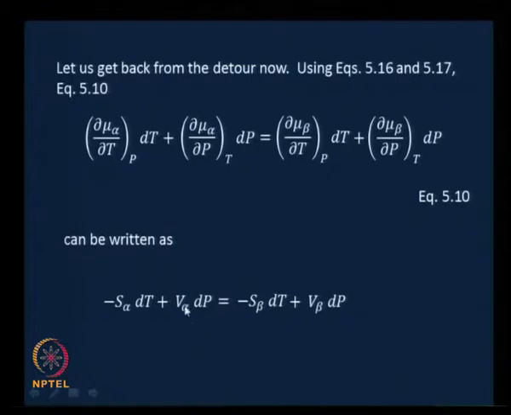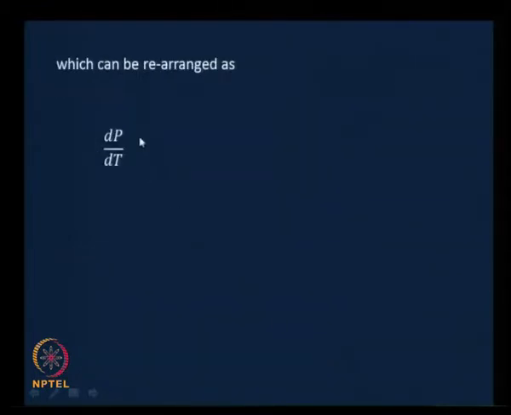These are differentials and we are getting the derivative from that. If we do that, dP by dT equals S alpha minus S beta by V alpha minus V beta.